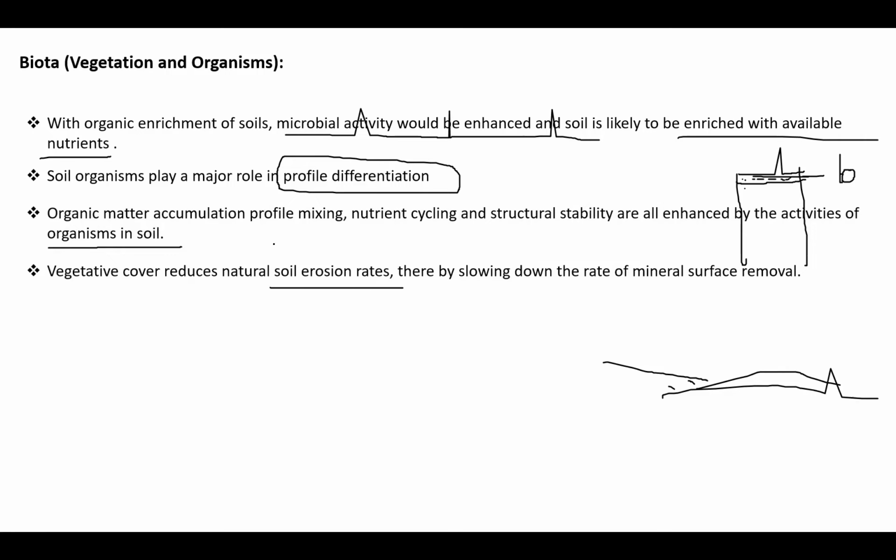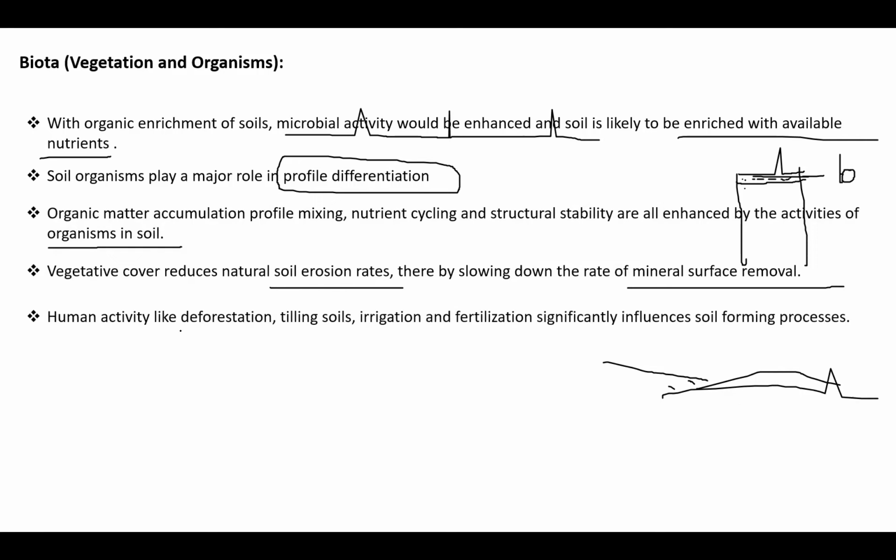This is a separate topic we'll discuss in coming classes. There is a very slow rate of mineral removal from the surface. If the top surface layer, which is very fertile soil, is removed, the fertility status of the soils will be reduced due to soil erosion. That's why soil erosion is called a slow cancer in soil science.